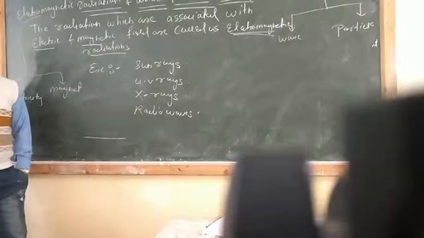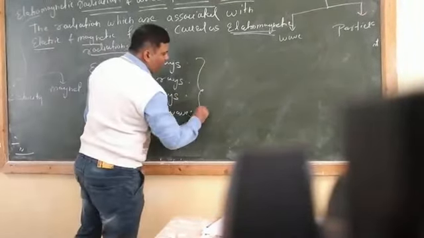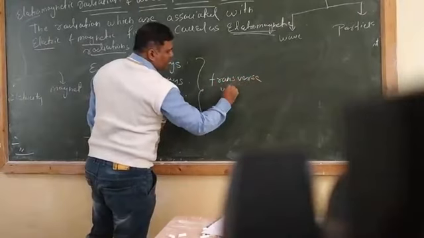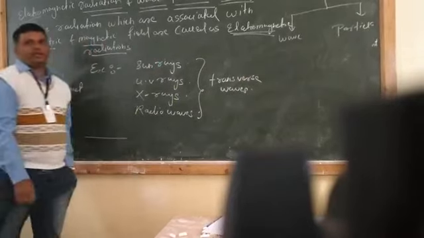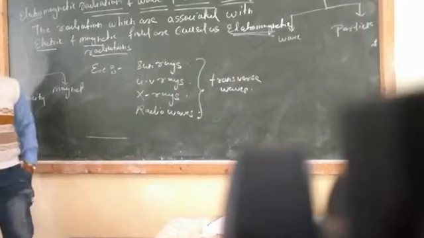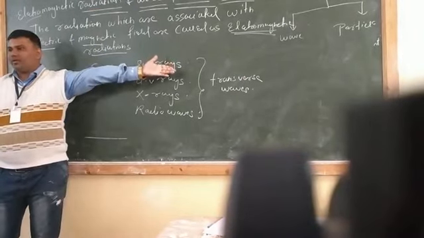Sun rays, UV rays, X rays, radio waves, these are all called as the transverse waves. Right? बराबर है ना? दो तरह के waves होते हैं, transverse waves and longitudinal waves. Right? So here electromagnetic radiations are nothing but the transverse waves.